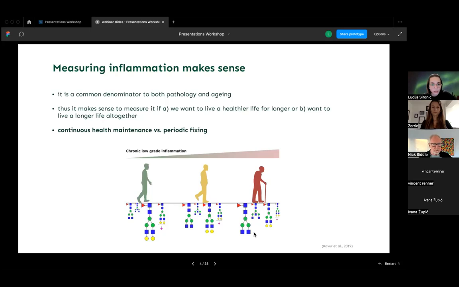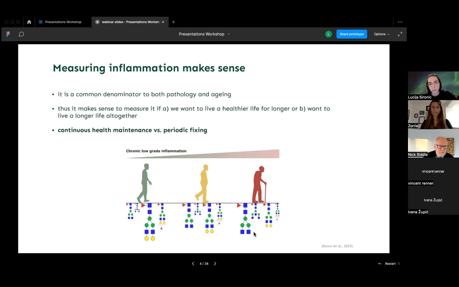We have to bear in mind that no disease process is on or off. All these things tend to take time to develop. So with GlycanAge, what we want to achieve is continuous health maintenance rather than fixing issues when they come up, when they're urgent.